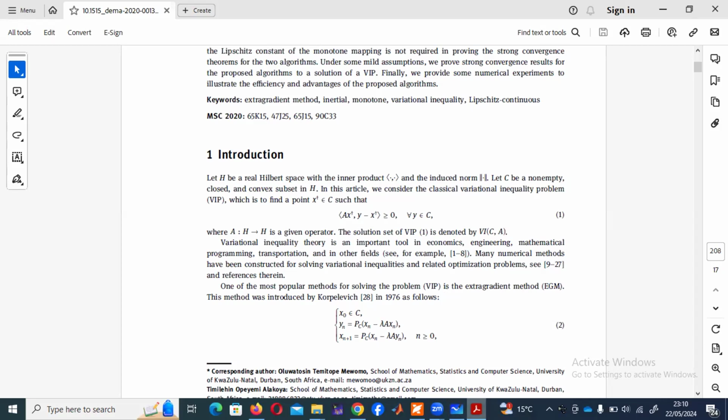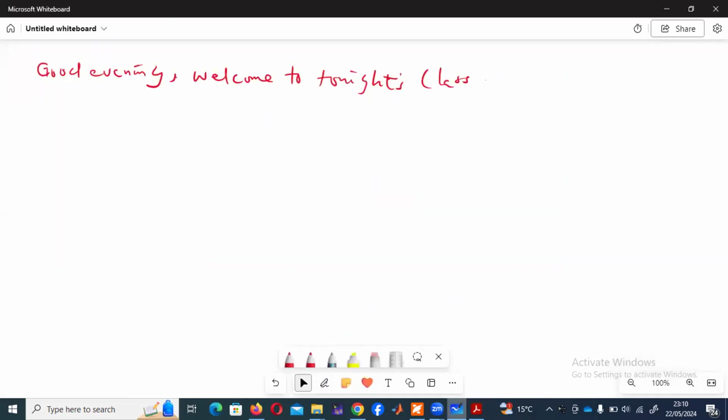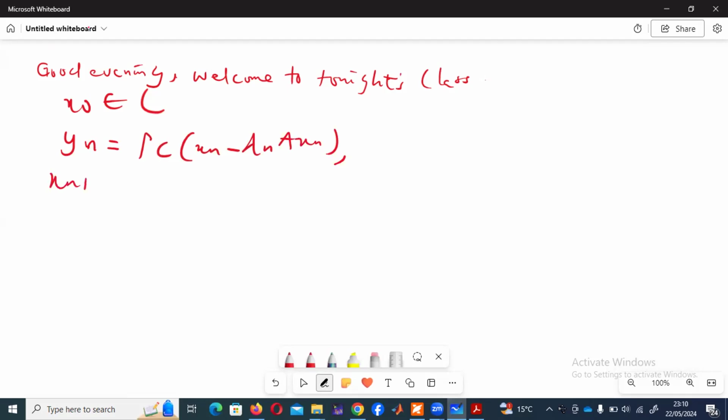Let me write the method here. This is the method, x0 in C, x0 is known. Now we compute yn equal to PC of xn minus lambda n A xn. Then xn plus 1 equals PC of xn minus lambda n A yn. At x0, this is the initial point. To get x1, I need y0, because x1 is when n is equal to 0.